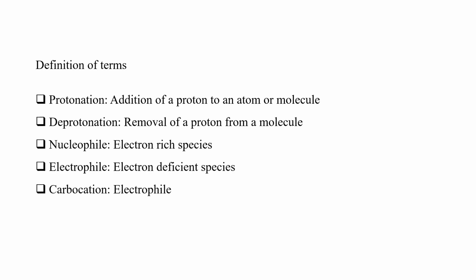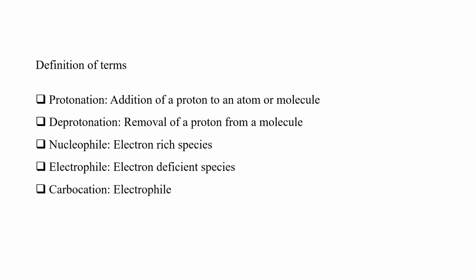The first term is protonation. Protonation is simply the addition of a proton or hydrogen ion to an atom or molecule. And as for deprotonation, that is the opposite of protonation. If protonation is the addition of a hydrogen ion, that means deprotonation is the removal of a hydrogen ion from a molecule.